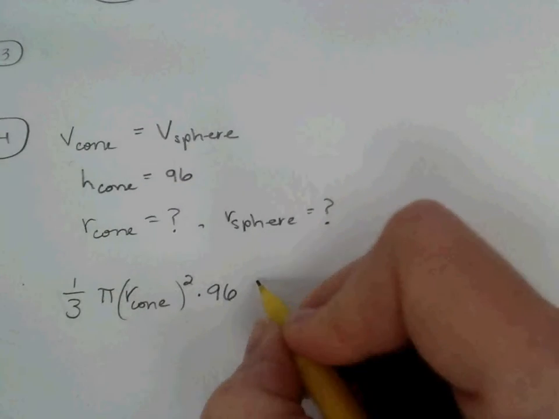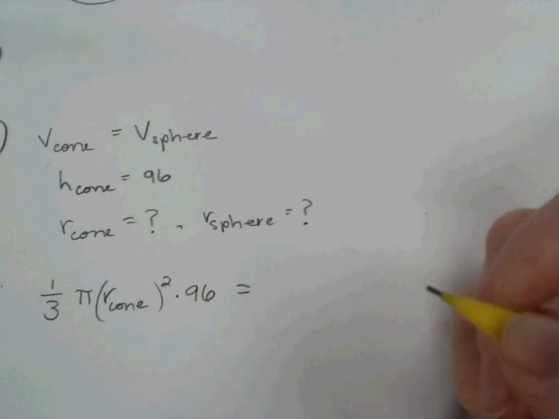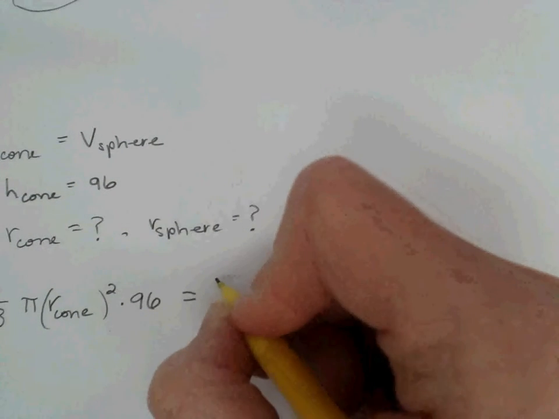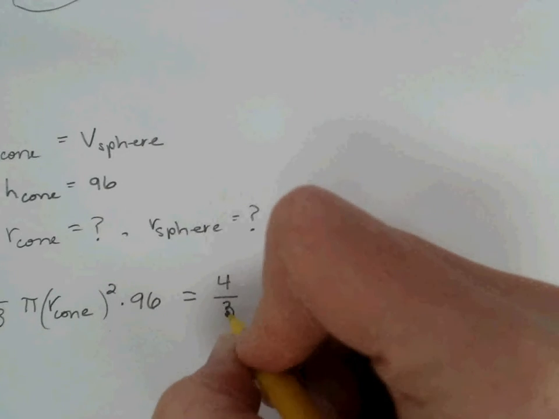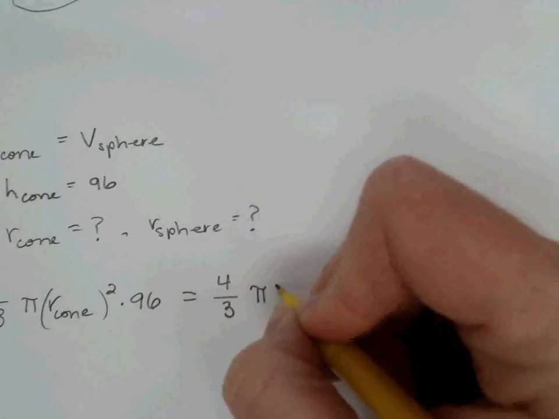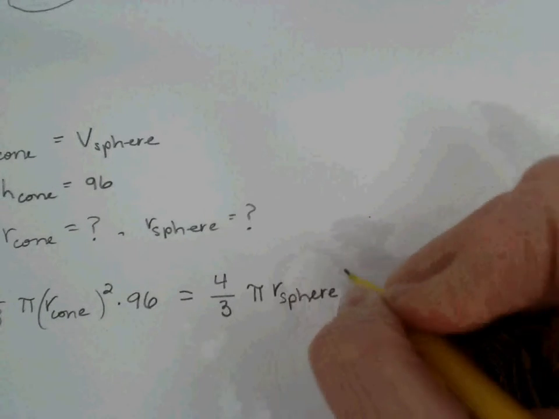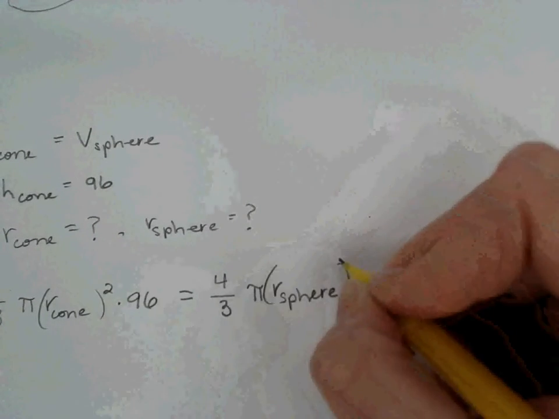And then it's going to be equal to the formula for the volume of the sphere, 4/3 pi times the radius of the sphere, and that is cubed.